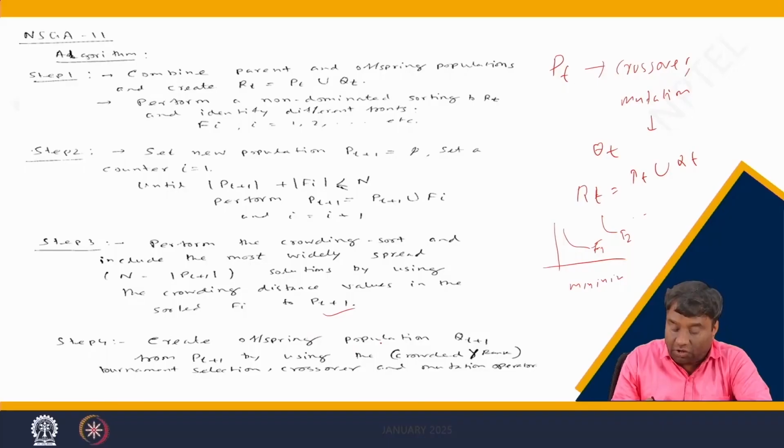Step 4: create offspring population QT+1 from this PT+1 using tournament selection, where we select if the rank is lower or the crowding distance is more. Then crossover and mutation operators create the new population.